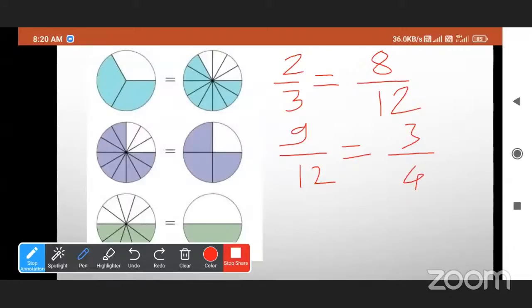Is it equivalent? Yes. Okay, good. Now, observe the third one. 5 upon 10 is equal to 1 upon 2. Okay, so all of these are equivalent fractions. Good.